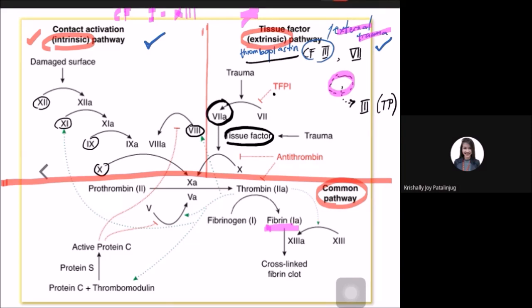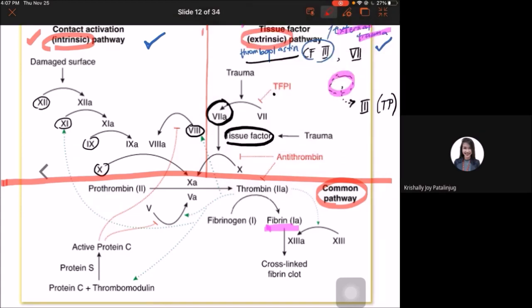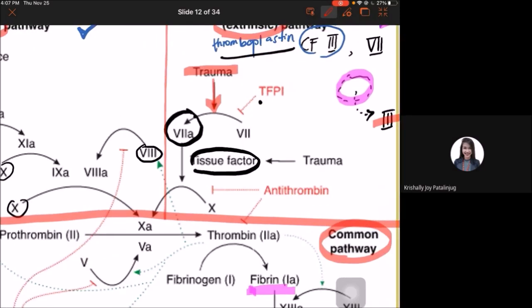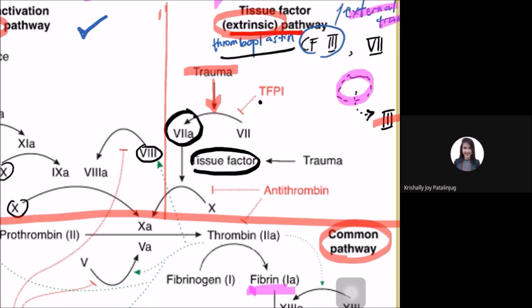That's why, as you can see above, trauma. When there is external trauma, clotting factor 3 is released, so it can activate clotting factor 7. Just look at the arrow. So that is one of the roles of tissue factor, clotting factor 3. That's why I said the extrinsic pathway involves clotting factor 3 and also clotting factor 7. Got it?